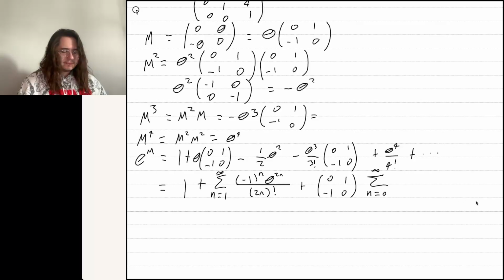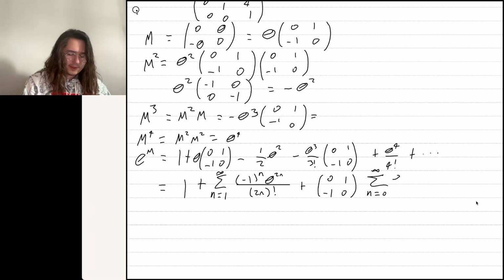Right, okay. This one starts with n equals 0, because it's going to be theta to the 2n plus 1, right? And then it seems to have minus signs on every other term, so this is going to be a minus 1 to the n as well, I think.